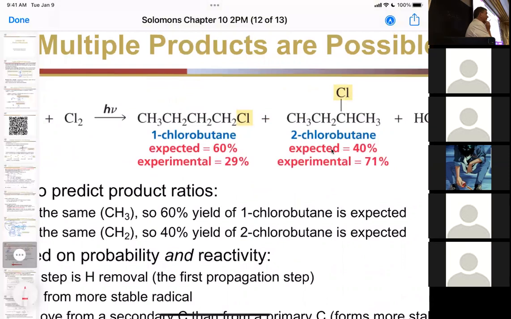Maybe it's the stability of the carbocation, or maybe there's something about those different reactions. Maybe a primary radical hydrogen abstraction is faster or slower than a secondary radical hydrogen abstraction.